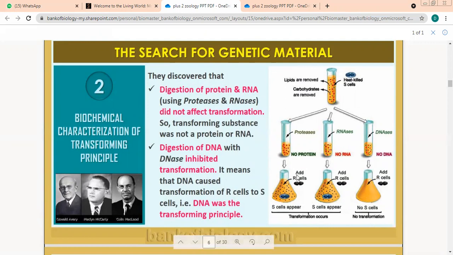S cells are there, we added R cells. When we add R cells with S cells, as in the previous experiment, what should happen? Will it be virulent or not? S and R together. Yes, ma'am. So S cells are still appearing, they are not dying. That means the R cells had no effect on the S cells. Nothing was transformed from R cells into S cells. If it had gone, the S cells would have died, because R cells are virulent.